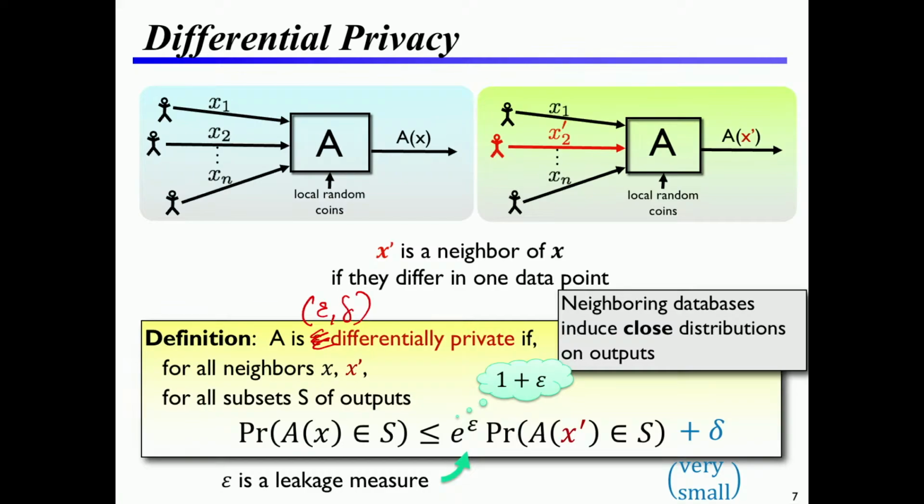What this definition is saying is that in this setting I'm comparing two data sets, and even someone who knows the entire data set X and knows how one person's data might have been changed, so they're given all n minus 1 other data points and two candidate versions of my data, can't figure out which of those two candidate versions was being used.